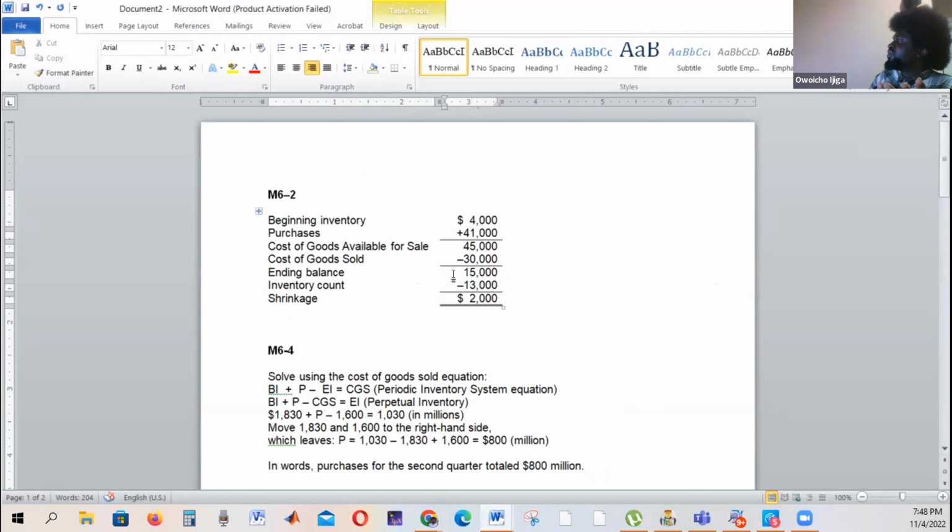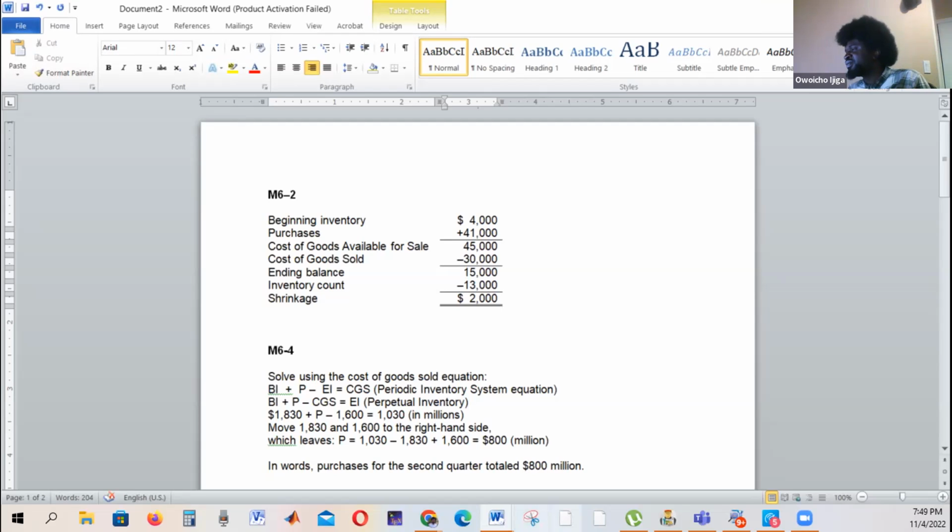There's a shrinkage of $2,000. That means $2,000 worth of items have either been stolen or miscalculated by the cashiers or some fraud situations there. That is the shrinkage that occurred in this particular problem.